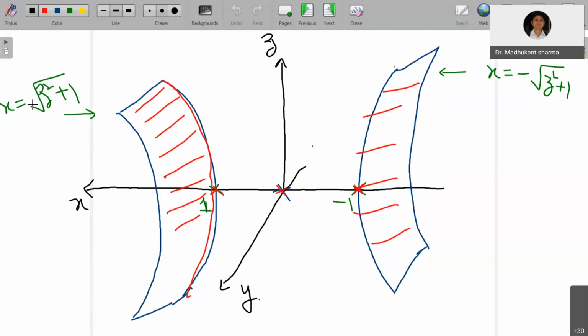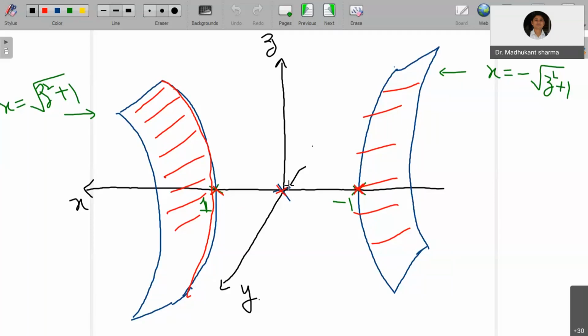Because x equals plus minus square root of z square plus 1. There may be multiple points which are equidistant. We have seen plus minus 1, 0, 0, the closest points lying on the surface and closest to the origin.